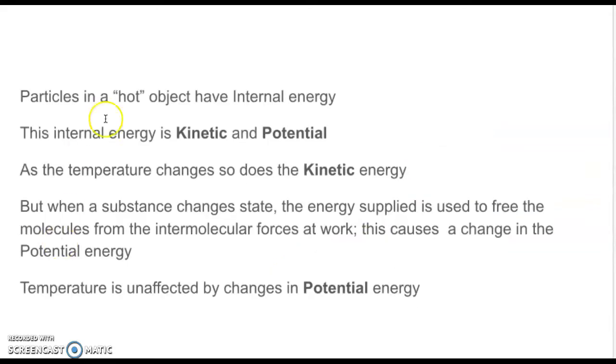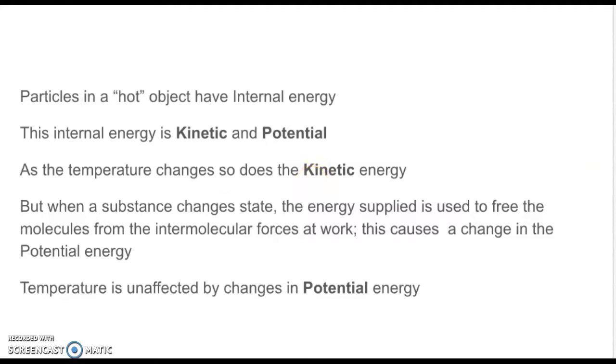Now, we mentioned internal energy at the start of this topic, and we defined it in terms of the kinetic and the potential. So what we're going to do is look at that heating graph, thinking about what's happening to the particles. Because as temperature changes, if you remember, temperature is directly relevant to kinetic energy.